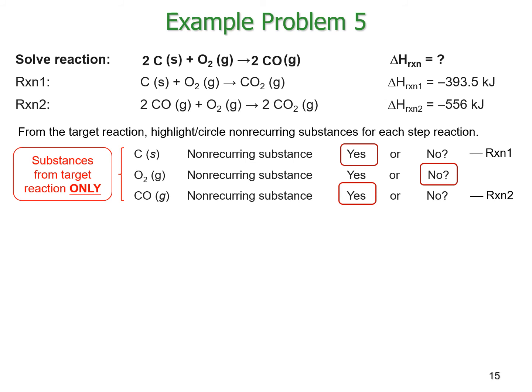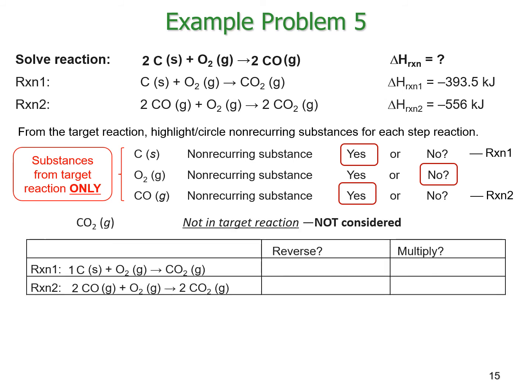Remember, this is exactly what we did in those procedures that we explained before. Now, remember, there's still a lot of wording going on here. I try to replace it with a table. By the way, carbon dioxide shouldn't be included or not even considered for non-recurring substance because it doesn't appear in my target equation.